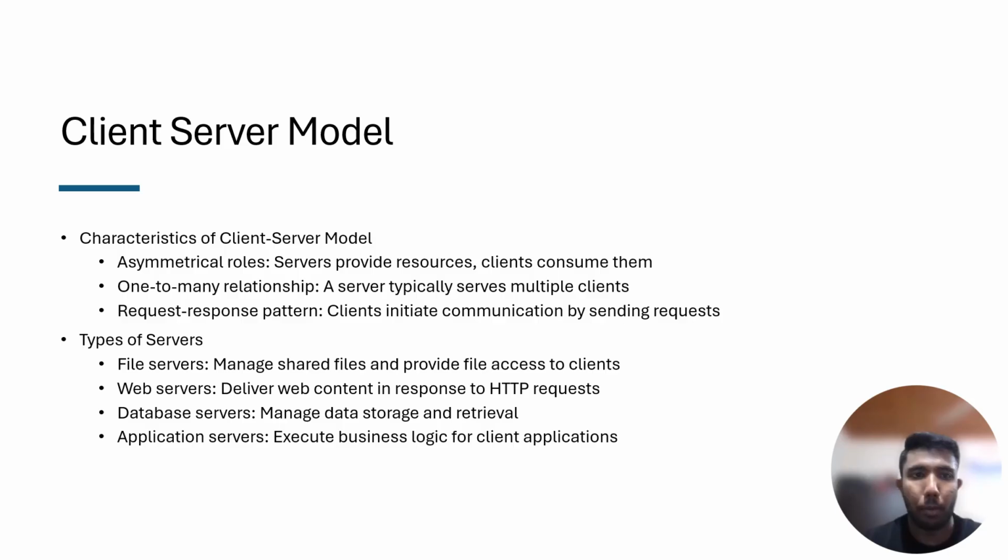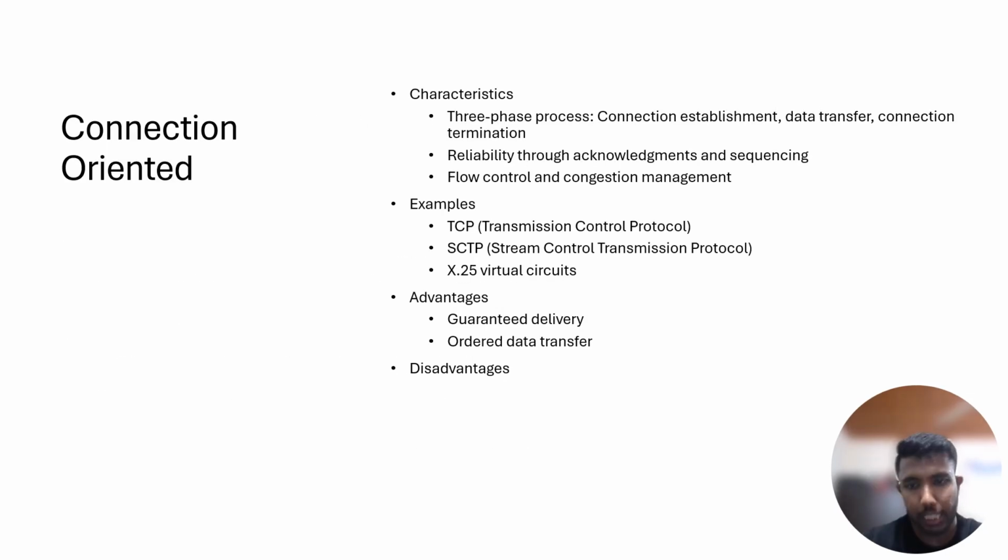This model provides centralized resource management, scalability, and separation of concerns, but can create bottlenecks and single points of failure if not properly designed. In this slide, we'll discuss connection-oriented communication. Connection-oriented communication involves a dedicated path for data exchange. It has a three-phase process, ensures reliability and manages flow control.